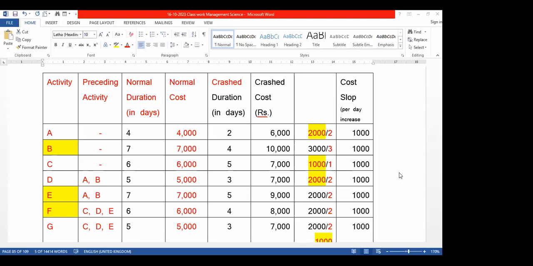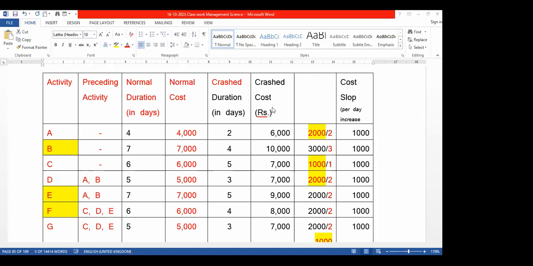The second part of this project is crashing. Crashing basically means reducing the durations. Crashing means reducing the normal durations.